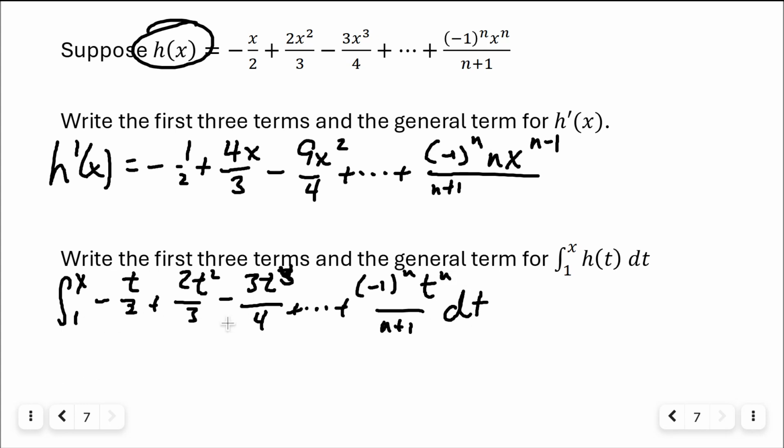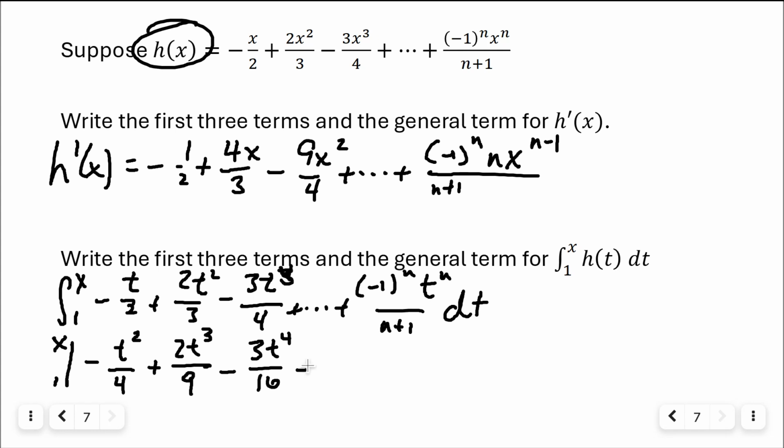Okay, so now I want to integrate this with respect to t. So this would be straight line from 1 to x. Here we go. Add 1 to the power, divide by what you get. T squared over 4 plus 2t cubed over 9 minus 3t to the fourth over 16.